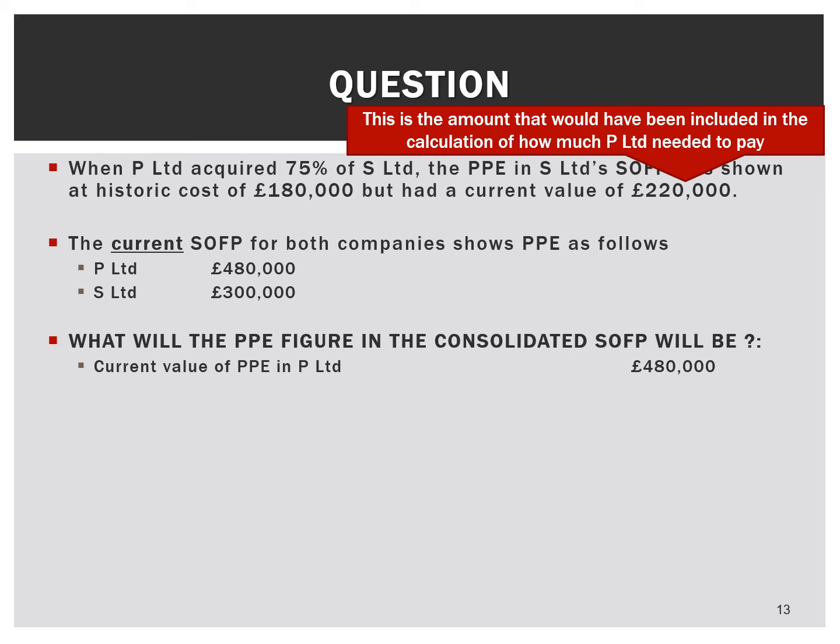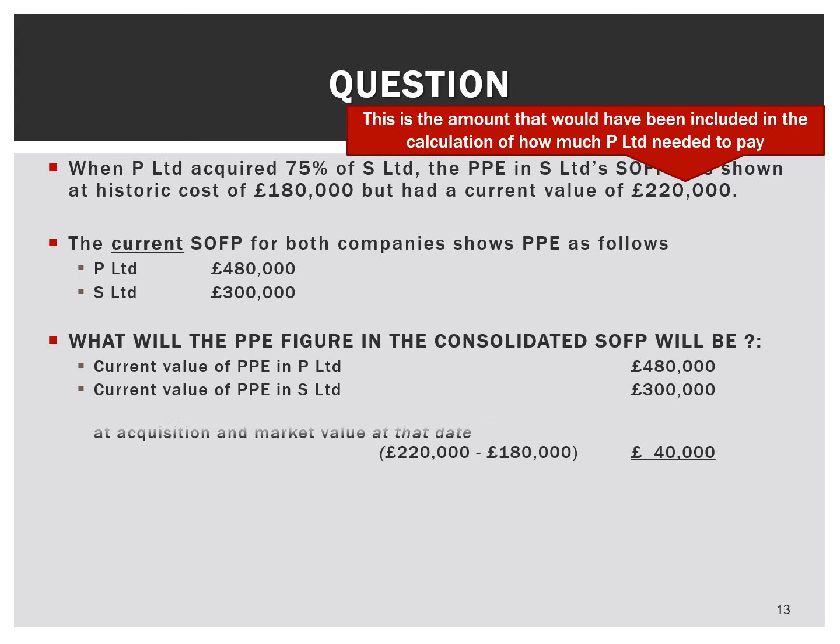So we first of all add together the two balance sheet figures from P Limited and from S Limited, but we've then got to make an adjustment, and remember that's termed a fair value adjustment, which is equal to the difference between the balance sheet value of the assets at the date P Limited acquired its 75% and the market value of those assets at that date.